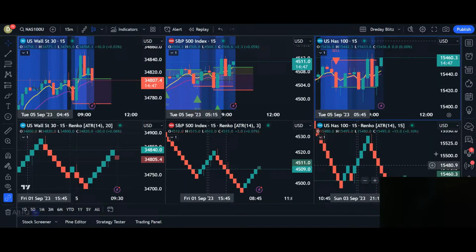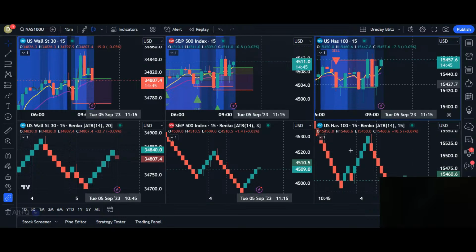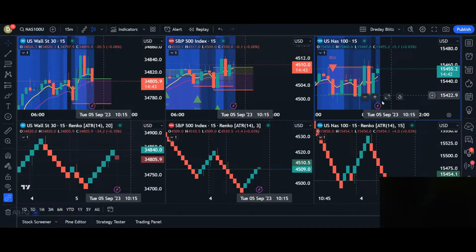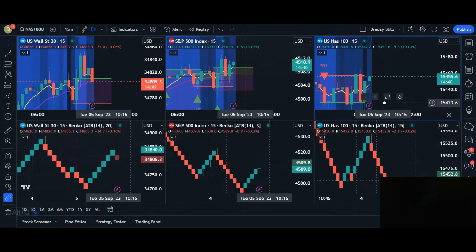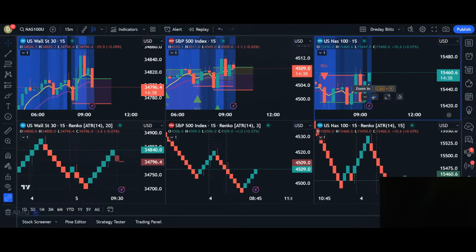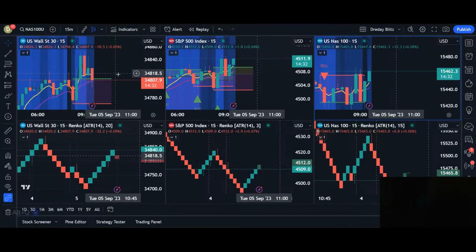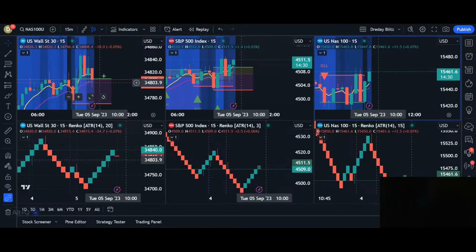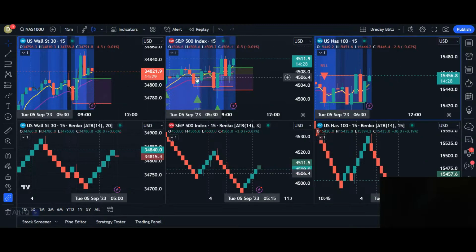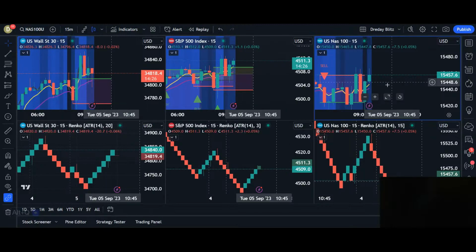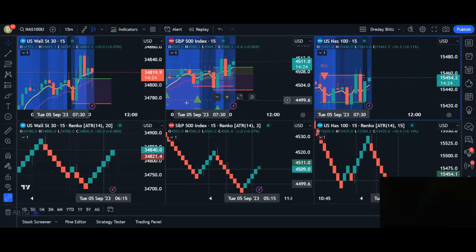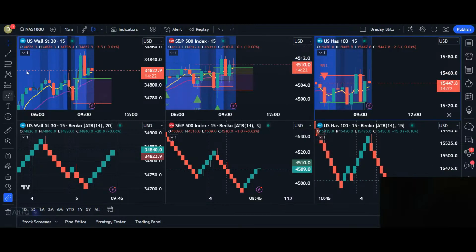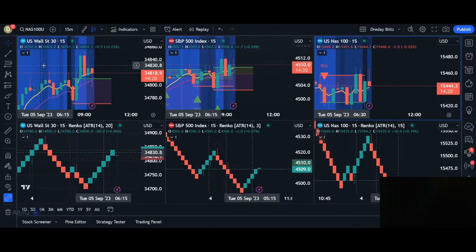The market just opened. We have Nasdaq, S&P 500, and US 30. Right now US 30 is pushing down currently. How it works is that I'm looking for a trend regarding the EMA.